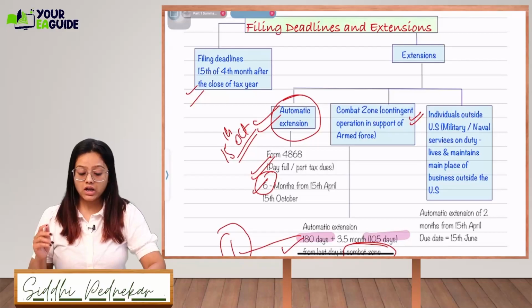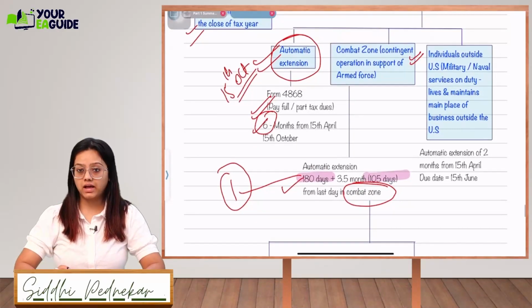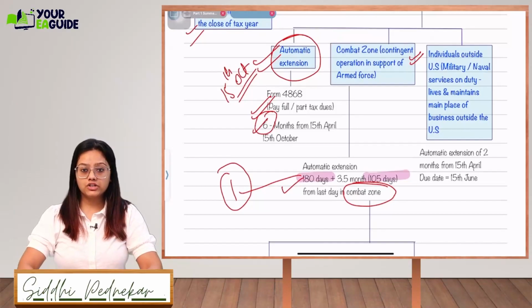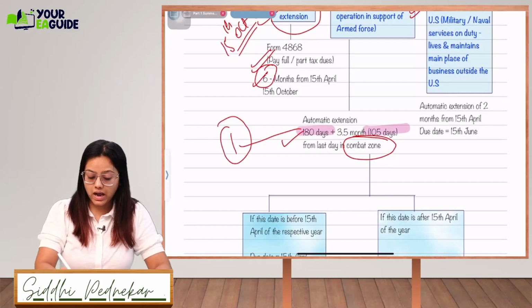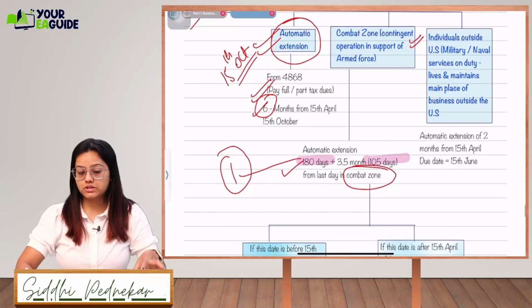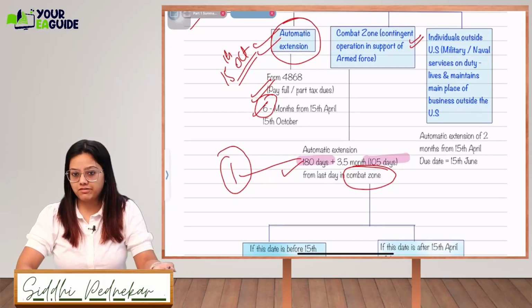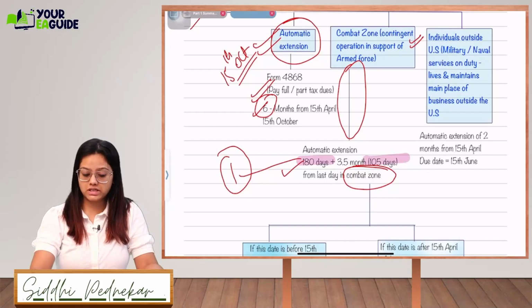Okay, combat zone, we were understanding this, where I was explaining that in case of contingent operations, that is basically going to happen in case of armies, those kinds of employees, armed force people who are working for public safety, all those people. They are not going to live in the same state.